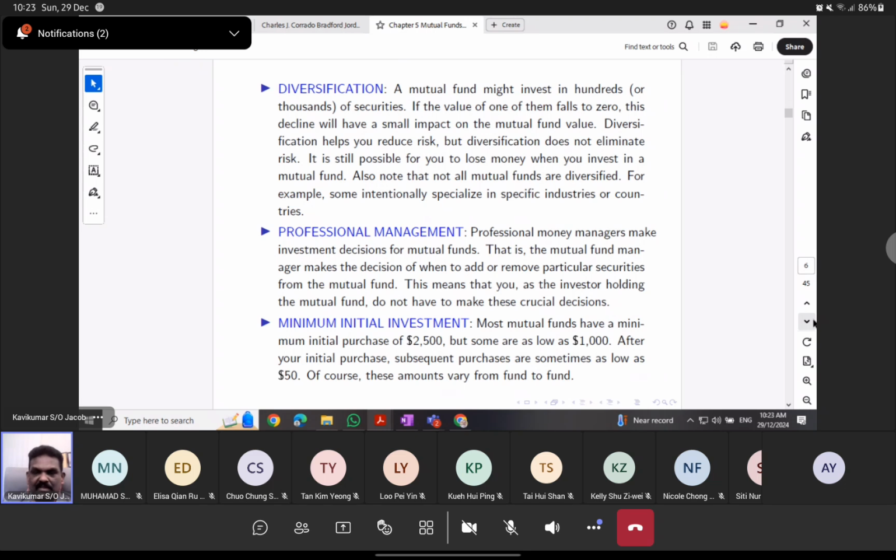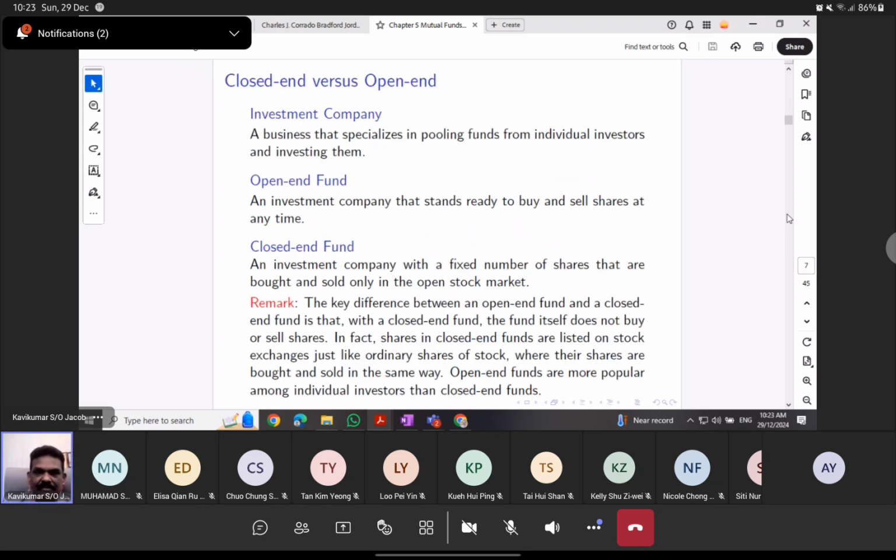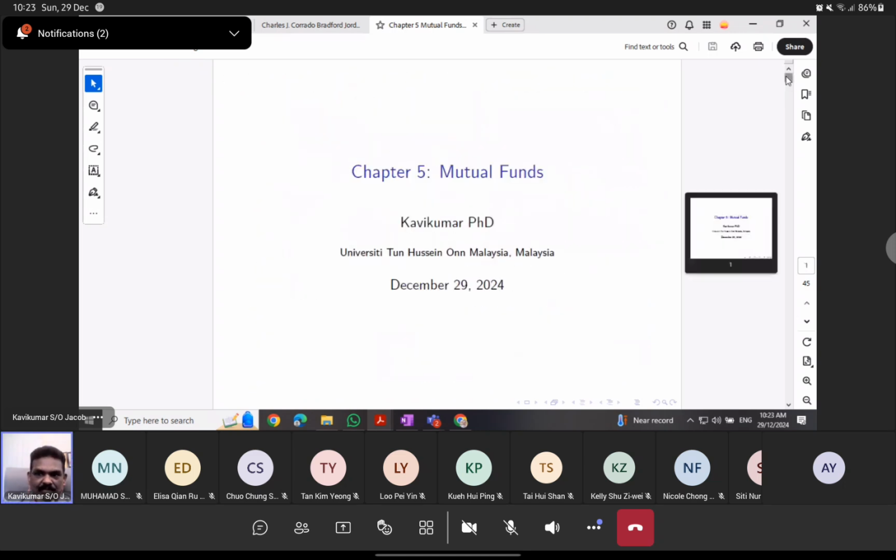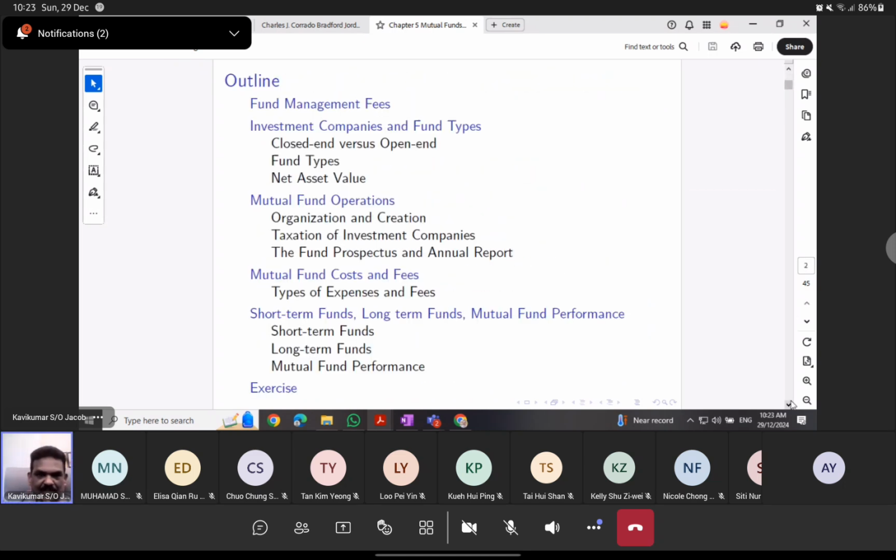That's the 3 advantages of maintaining the mutual funds. Next, the first section is over, and now it is fund management fees. Fund management fee means when we invest our money in any mutual fund, we are supposed to have some professional managers to advise where to invest our money.